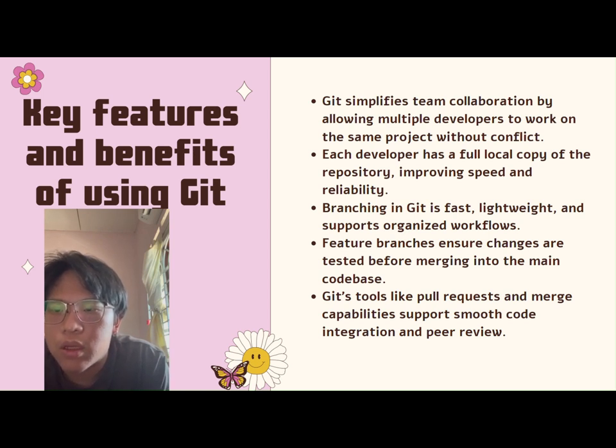Besides, branching in Git is fast, lightweight, and supports organized workflows. Feature branches ensure changes are tested before merging into the main codebase. Git tools like pull requests and merge capabilities support smooth code integration and peer review.